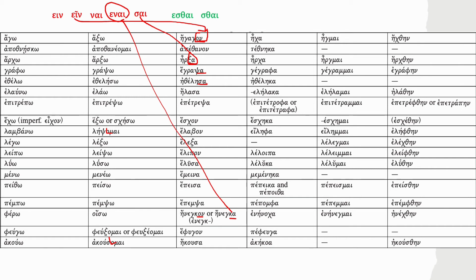So the alpha comes off, and you get the kenai. That's the theoretical form here. Okay.